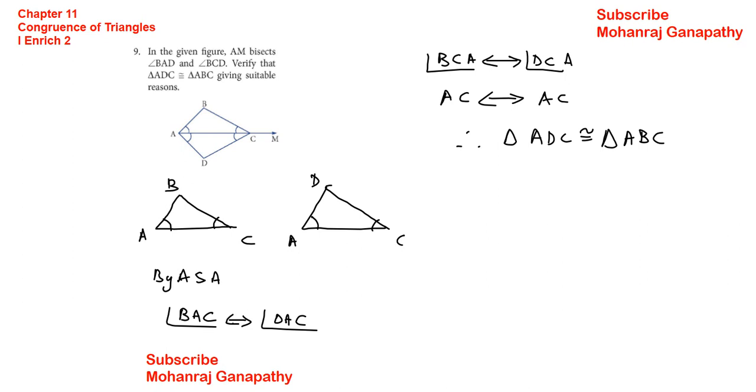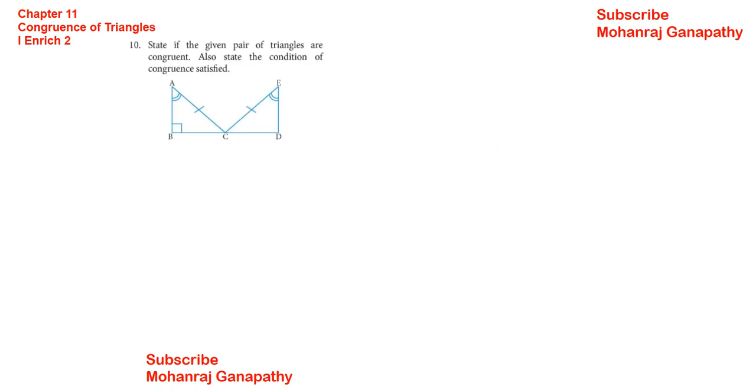10th sum. State if the given pair of triangles are congruent. Also state the condition of congruence satisfied. One right angle is given, so obviously angle D is also a right angle. ABC, EDC. Angle A and angle E are corresponding to each other. AC is the hypotenuse, as well as EC is a hypotenuse here. So angle B is 90 degrees, then angle D is also 90 degrees.